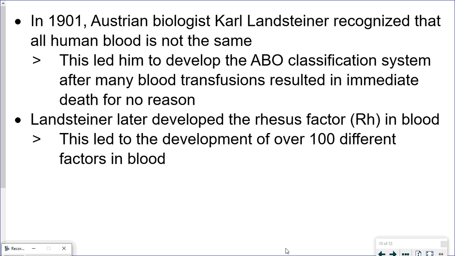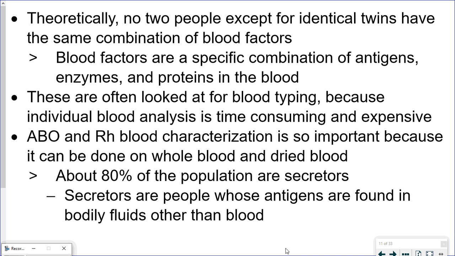This you know as the positive or negative with the different blood types. And it led to the development of over 100 different factors in blood. So not all blood is the same. Even if it's the same blood type, there can still be different proteins and factors in that blood that might be useful in different types of transfusions.